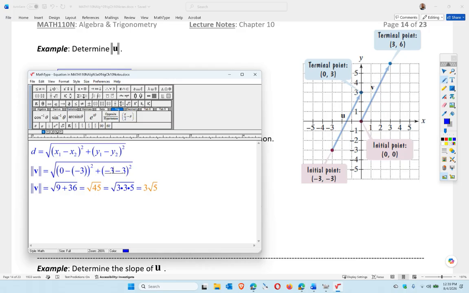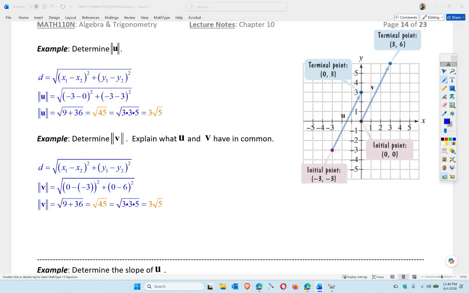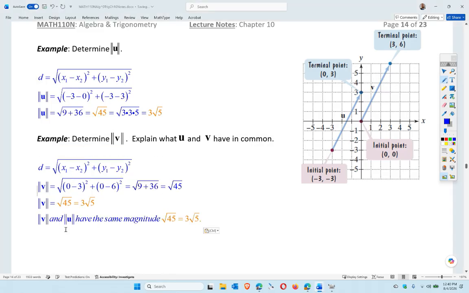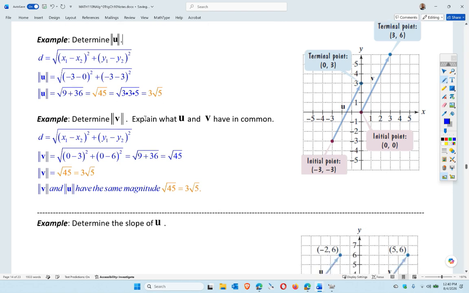And then we have 0 and 6. So that's still going to be 9 and 36, which gives us the same answer. So the result is they have the same magnitude. Okay, all right, what about direction?